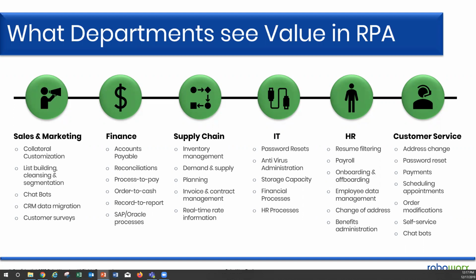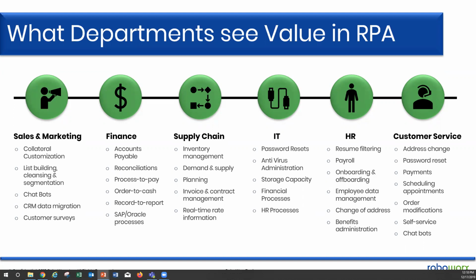HR is also another very popular use case. Resume filtering, we get a lot of inquiries about that one. Let's say, for example, that you're recruiting a new hire and a college degree is mandatory. What the robot can do, because we know HR people sometimes get overwhelmed with all the resumes they get, is they can tell the robot, scan all these resumes, and if they don't have a 4-year degree and whatever it might be, I don't even want to see it.